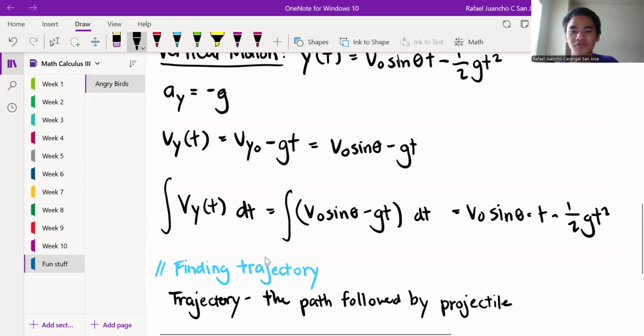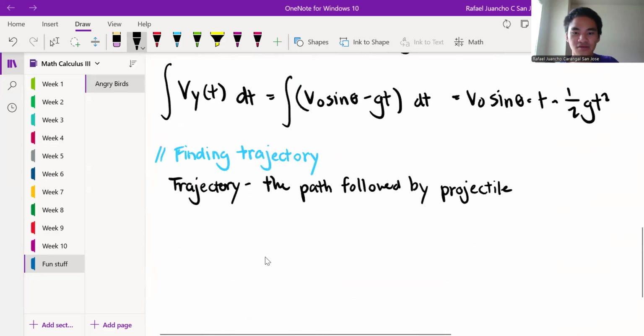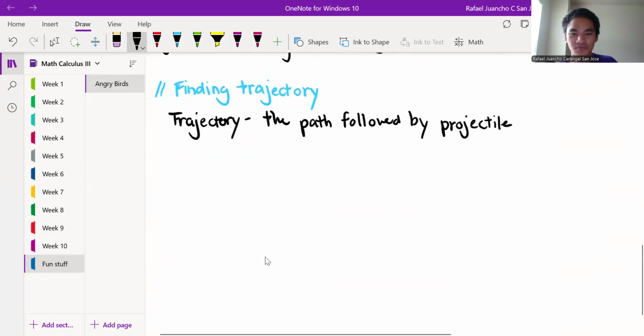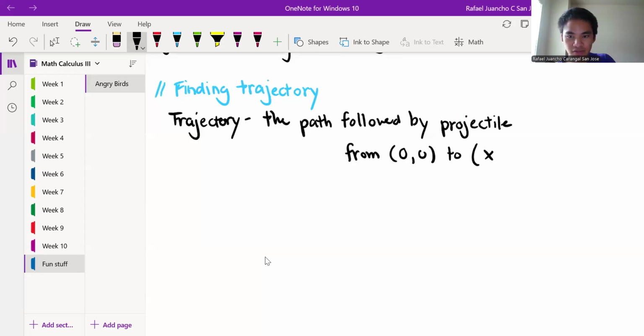And the projectile will follow that purple path that we kind of drew. In our case, it's from the bird's initial position, which we denoted as 0, 0. And ideally, we wanted to hit the pig, right?